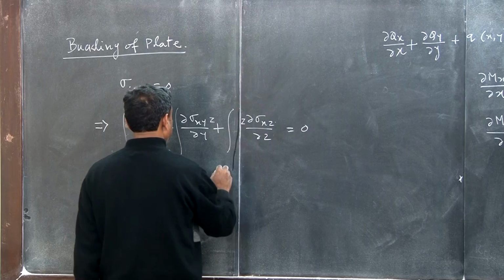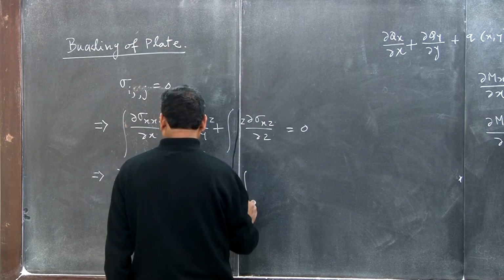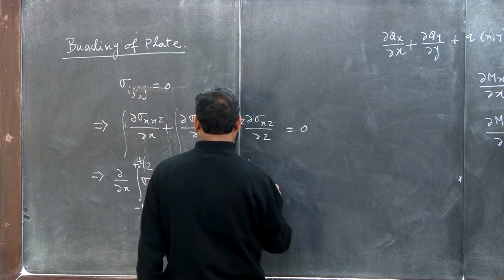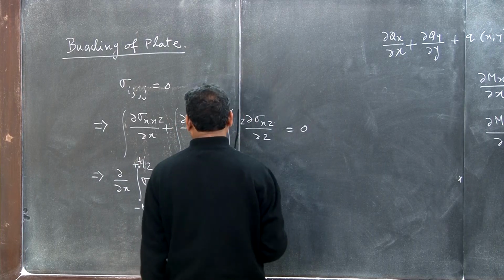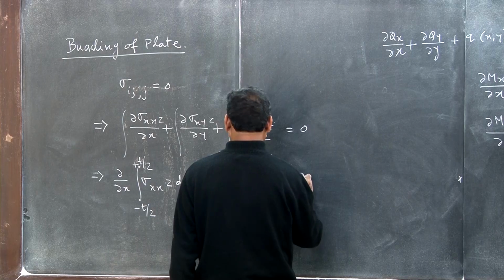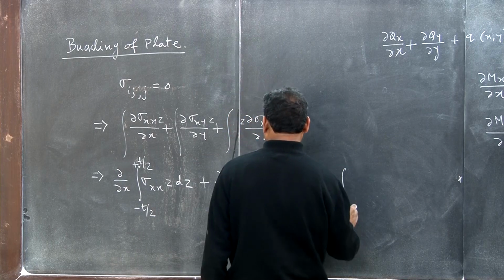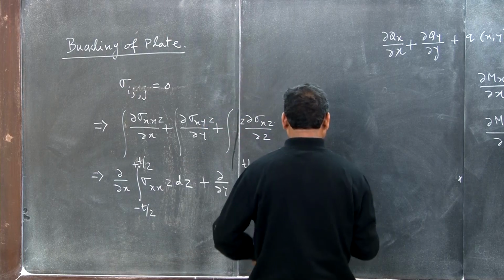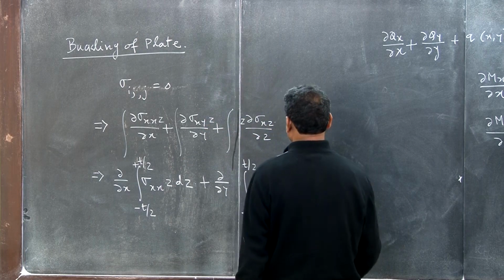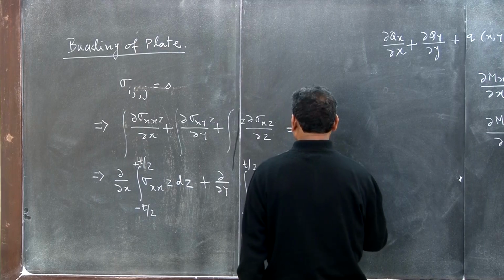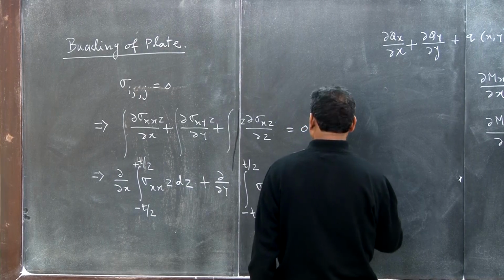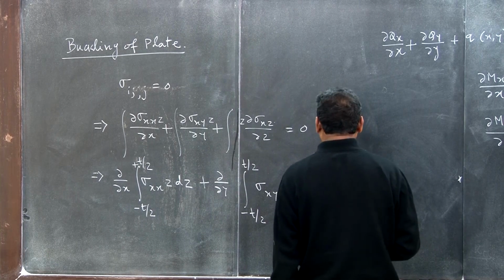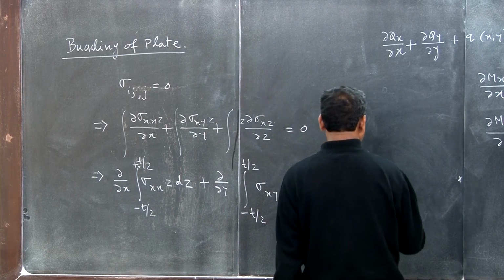Here you see del by del y of the integration from minus t by 2 to plus t by 2 of sigma xy z dz. And last, when you are integrating it, you have to be a little careful: first function, integration of the second, minus the whole integration of the derivative of the first times the integration of the second. Okay.